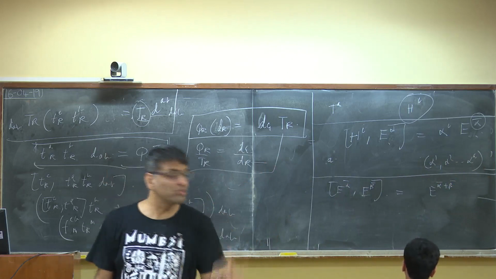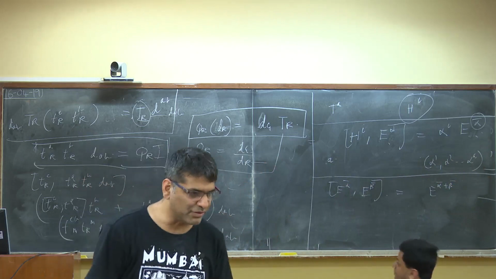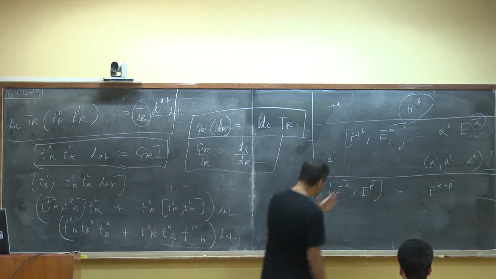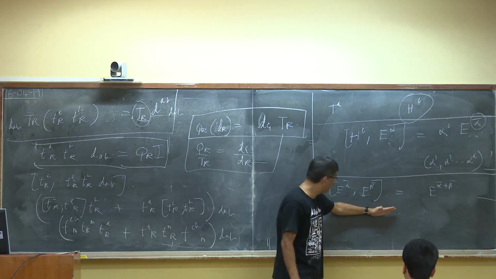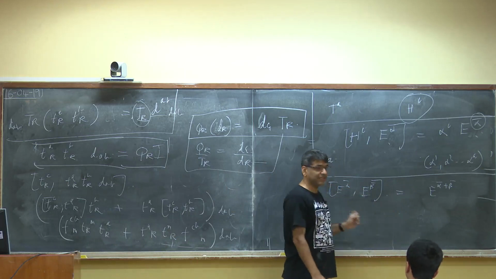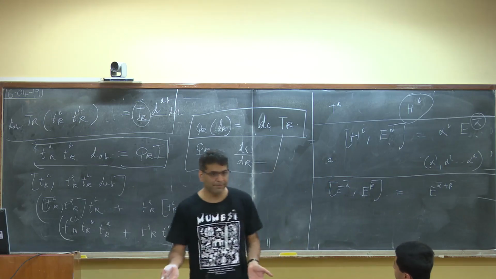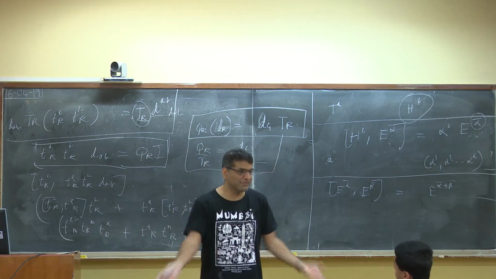And how many such roots are there? The dimensionality of each root is A, the number of Cartan elements. But the total number of non-trivial roots is the dimension of the group minus the dimension of the Cartan.